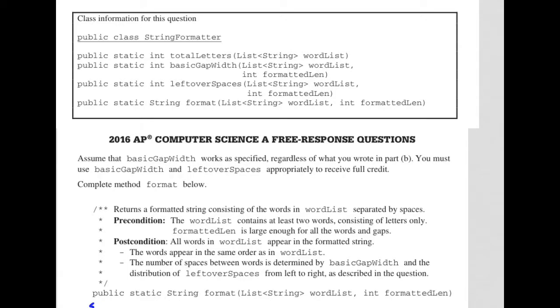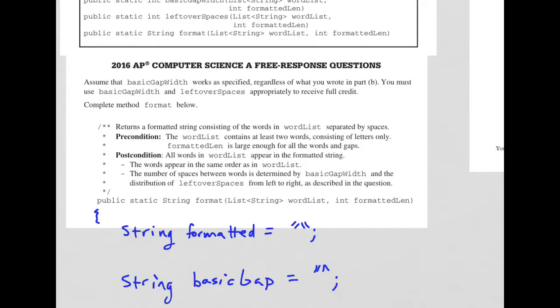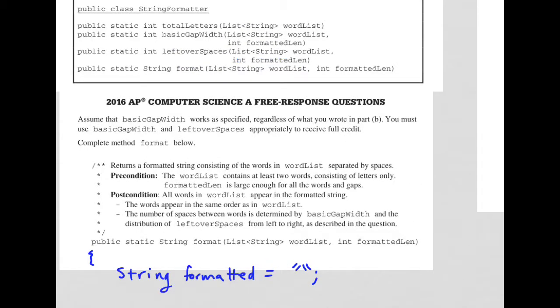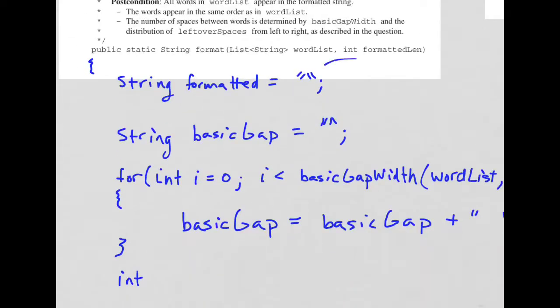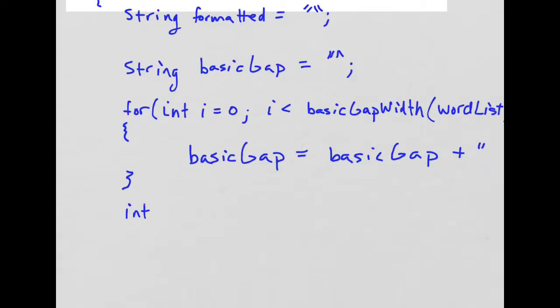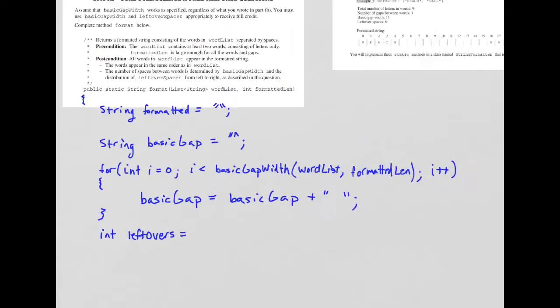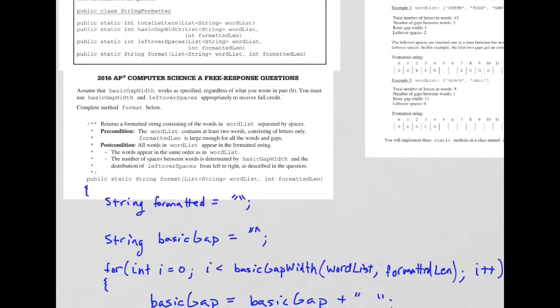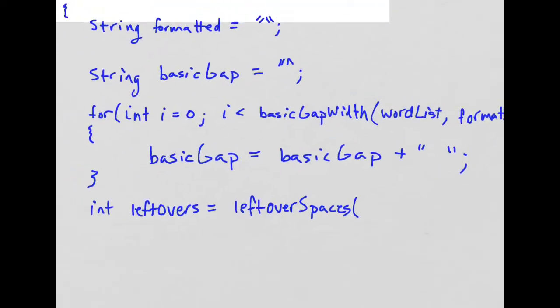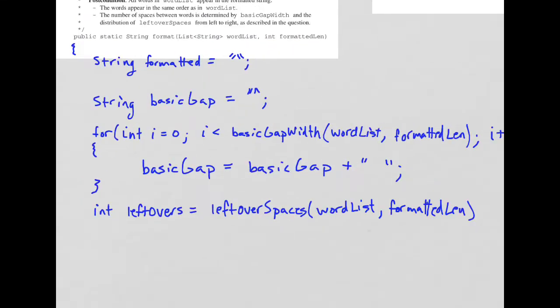I can just call it and then input the word list, which was passed to format, and also the formatted length, which is also passed to format, so I can use those. So int leftovers gets leftover spaces, and I'm going to pass it word list. So now I have the number of leftover spaces, the number of extra spaces that are going to be added to the leftmost basic gaps until I run out.